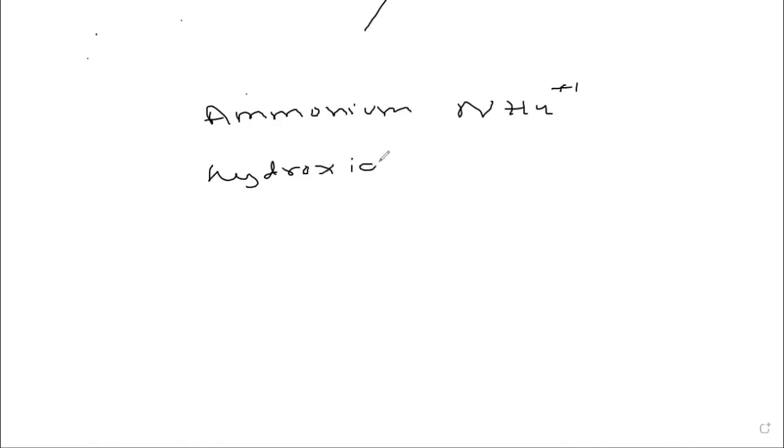So what are radicals? We have got ammonium, NH4 with a +1 charge over it. Hydroxide, OH -1. Nitrate, NO3 -1.